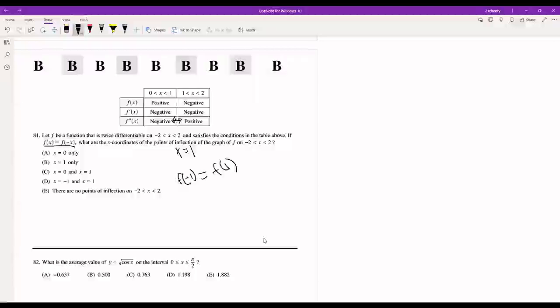So the graph will look something like, for example, this, where there's a point of inflection here, and it's going to be symmetric about the y-axis. So there will be a point of inflection at x equals 1, but also at x equals negative 1. So D is the answer.